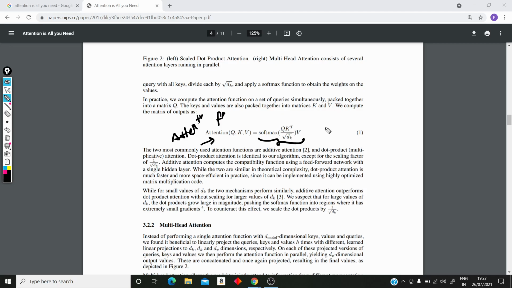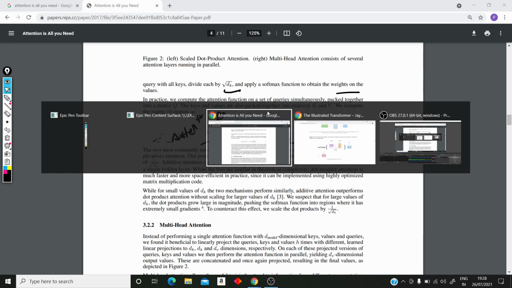You can explain this entire thing from this paper, and if you explain it thoroughly, no one will ask you further questions, because this paper is the base that BERT, GPT and everything follow. If you explain this, you are good to go and will crack the interview. Everything I explained is written here, so after this video, this paper will be very easy for you to read. Thanks to Jay Alammar, because I also followed the same.